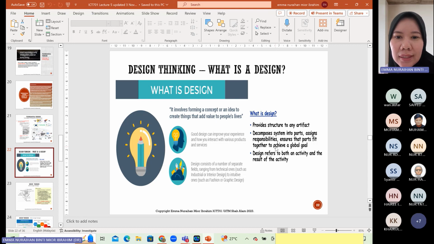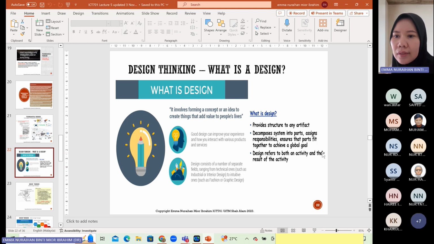Okay, so design involves forming a concept or idea, tadi concept formation tadi ya, to add value to people's life. The word value here. So value doesn't mean that it comes from the technology, the instrument, the tools, tapi the entire experience, ya.